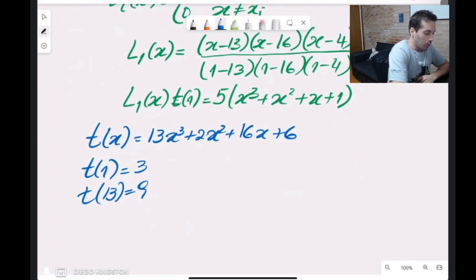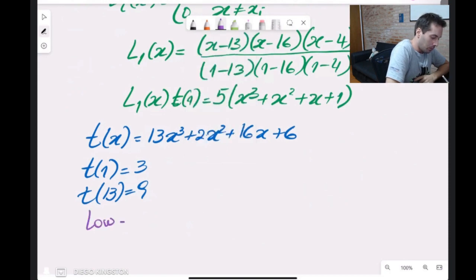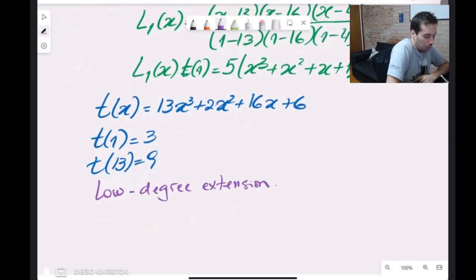Now what we want to do is to evaluate it on a much larger domain, and that is called a low degree extension. To that end, we need to find a domain which is much larger than the original domain.